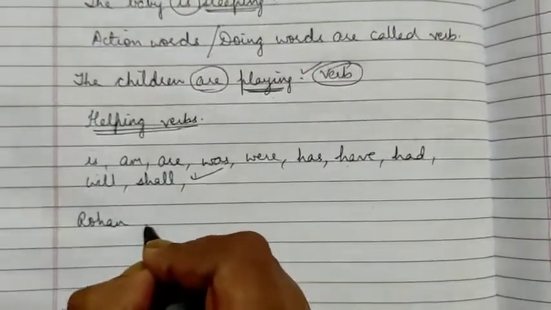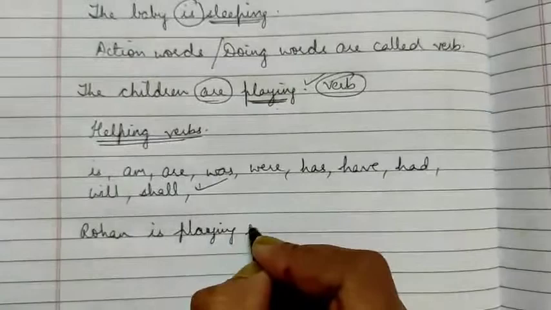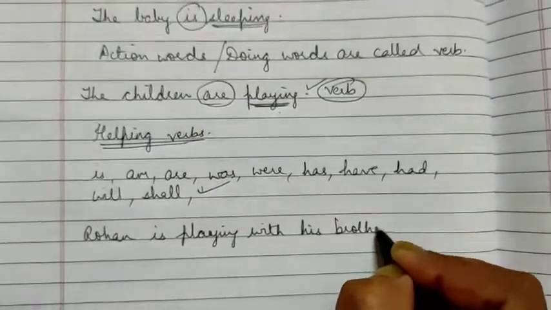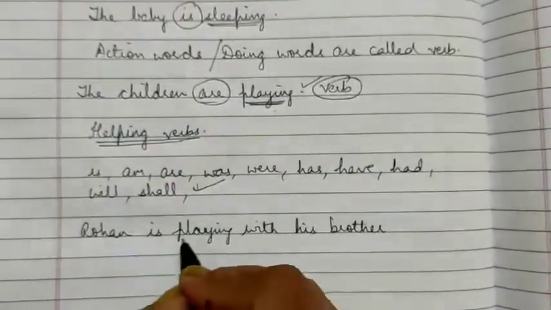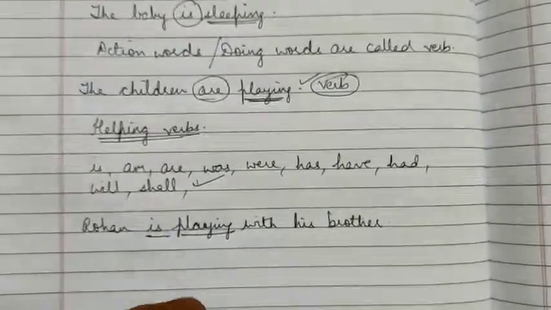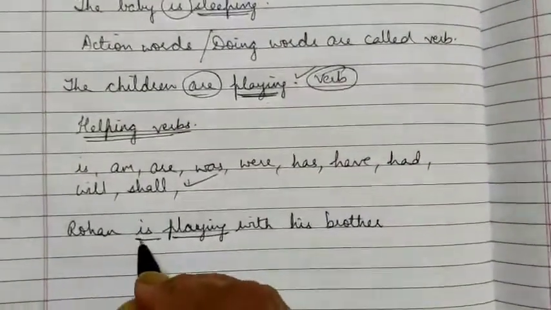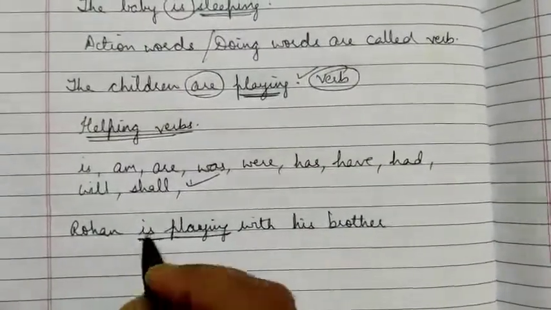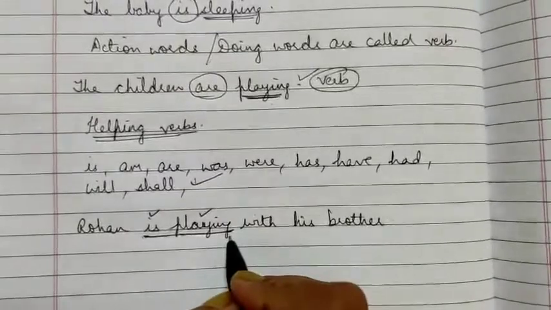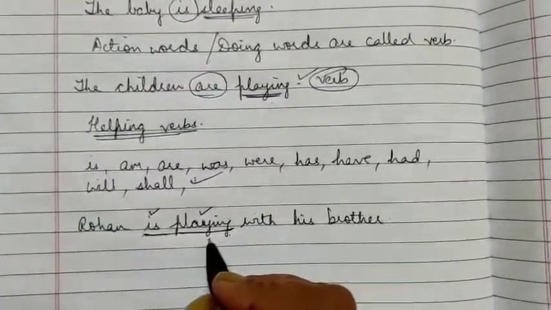Rohan is playing with his brother. Now children, in this sentence, playing is the main verb and which is the helping verb? Is. So, when you are told to underline the verb in a sentence, you will underline is playing. Because is a helping verb and playing is a main verb. You will underline both. Is playing, you will consider it as verb.